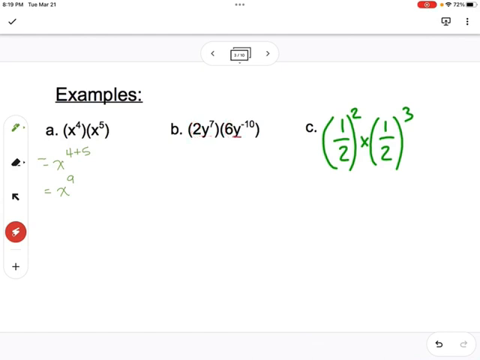We have the same bases, so keep the base the same and add the exponents. So 2 times 6 gives us 12, and then we have y, and add the exponents, 7 plus negative 10. 7 plus negative 10 gives us a negative 3. So we get 12y to the negative 3.